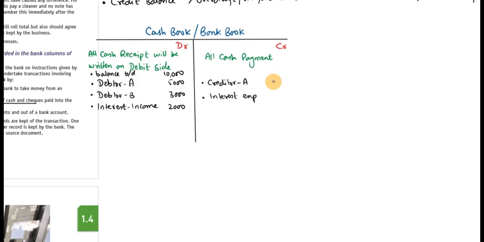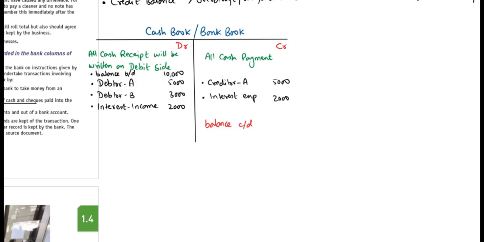For example, here is 5,000, and here is 2,000. So what balance is left in our cash book account? That is the balance CD.